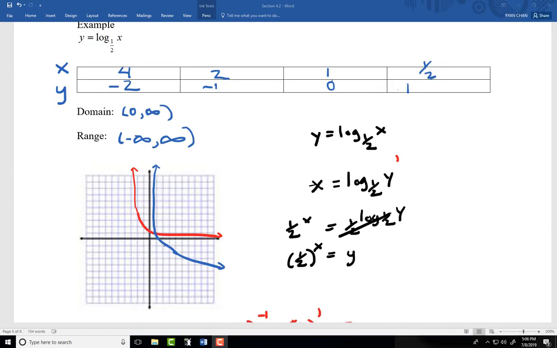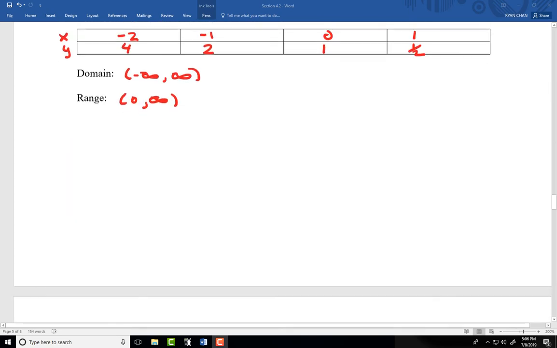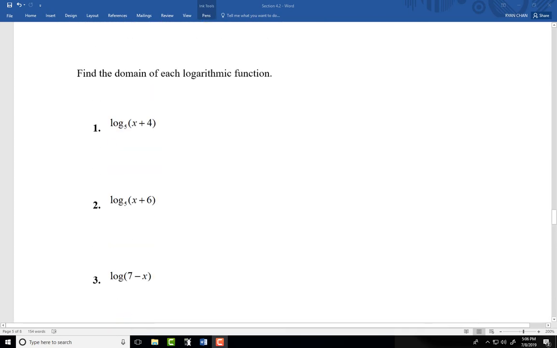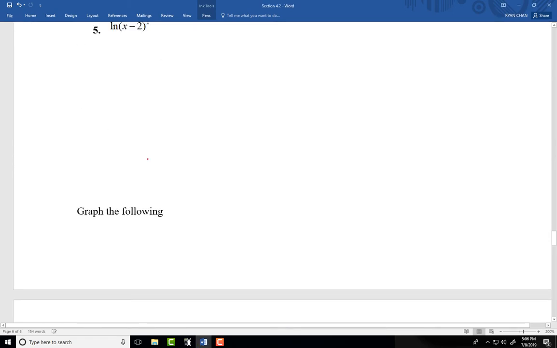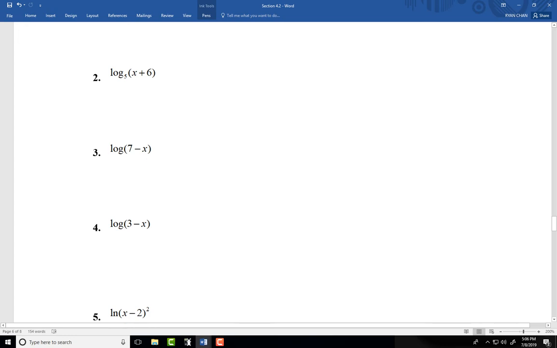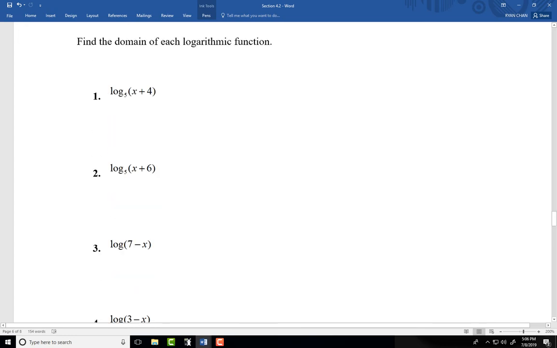Okay, so let's look at one more thing before we end with 4.2. It says find a domain of each logarithmic function for the following right here. So remember, if I have numbers inside the parentheses here, this means I'm doing a horizontal shift to the left, right?